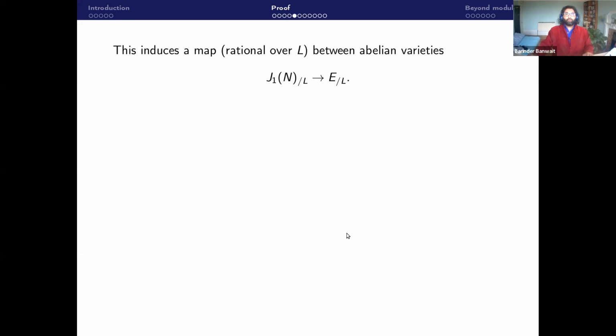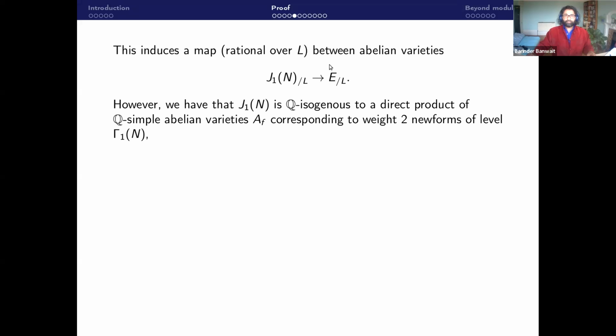So we now pass to the Jacobians. We had a map of curves, and this induces a map on the Jacobians, J1(n) to E, all rational over L. So this is a homomorphism of abelian varieties. Now this J1(n) factors, up to isogeny, as a direct product of simple abelian varieties A_f corresponding to weight 2 newforms of level gamma 1(n).